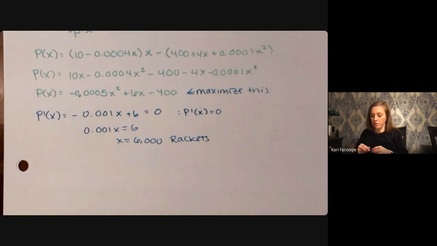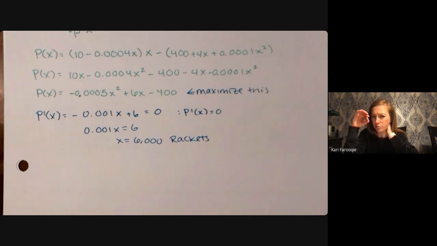All right, so we're going to look at this relative extreme. And if you're wondering, well, don't we need to also look at the endpoints here? Well, what would the endpoints be? I mean, think about it. We're manufacturing tennis rackets. I guess you could manufacture 0 tennis rackets.